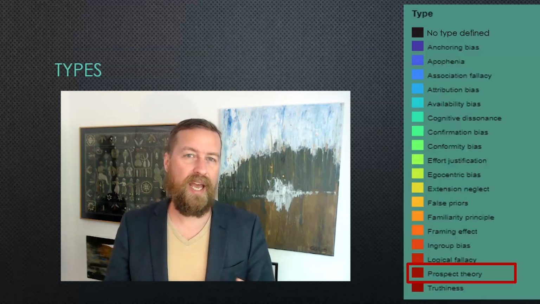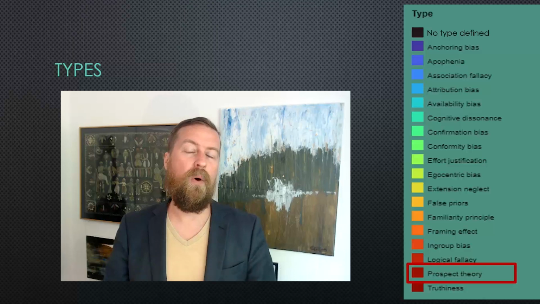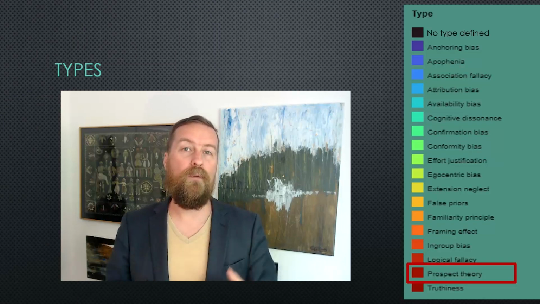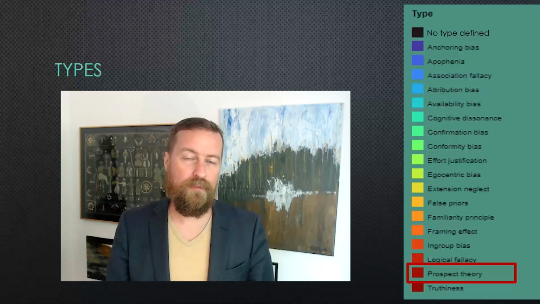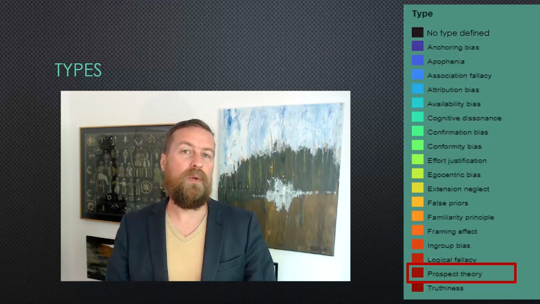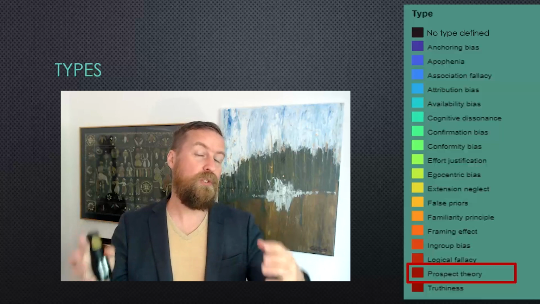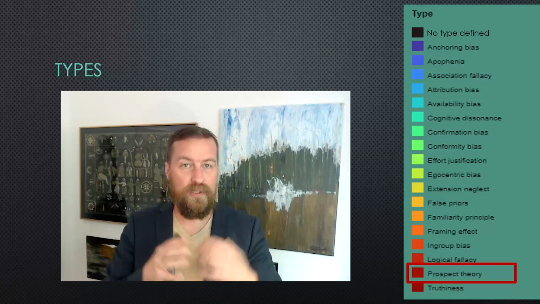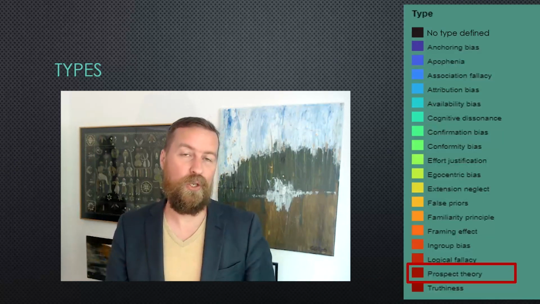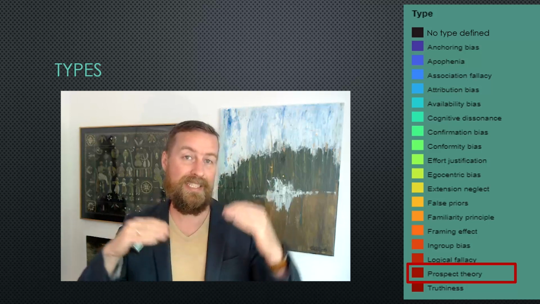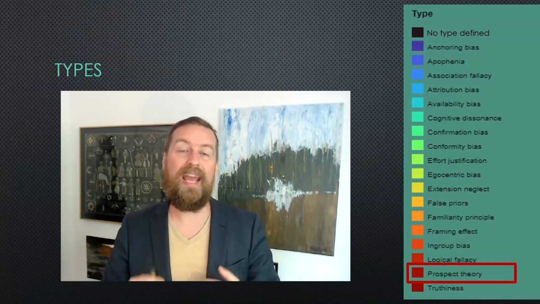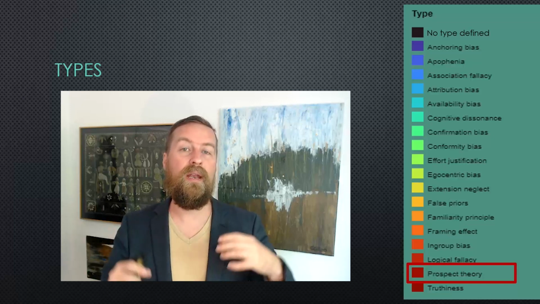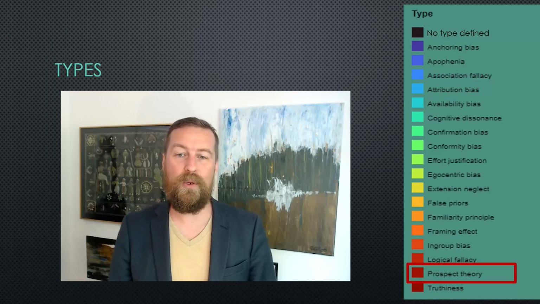We have a tendency of putting more value in avoiding a loss than gaining a profit. So we would do more to avoid losing our house than to do something to gain an additional house. So this asymmetry between expectation of loss and gain is what we talk about in prospect theory.